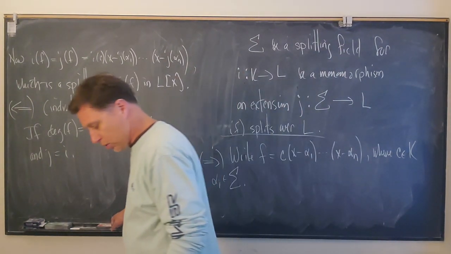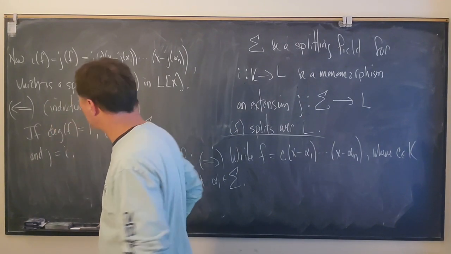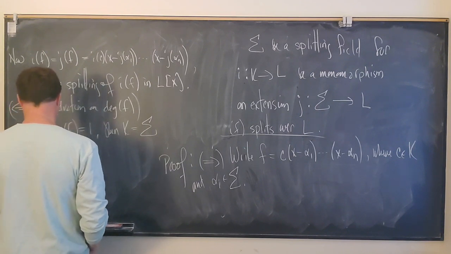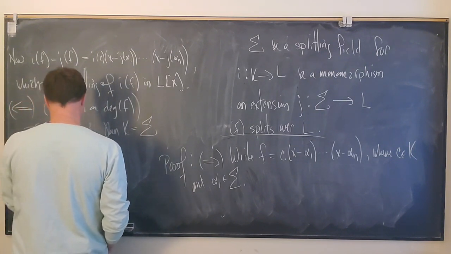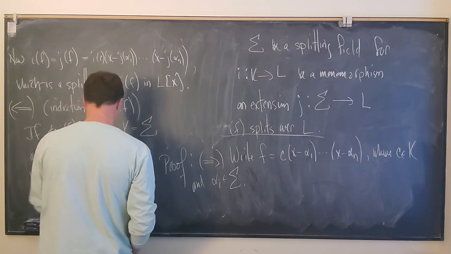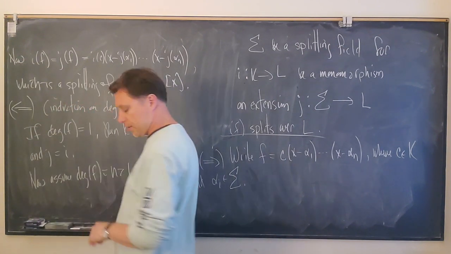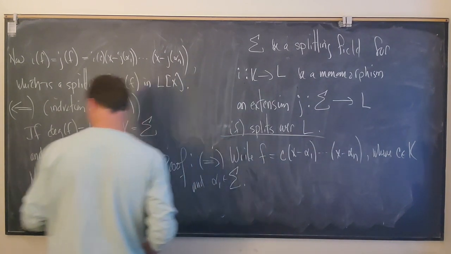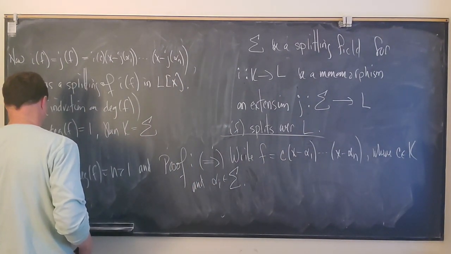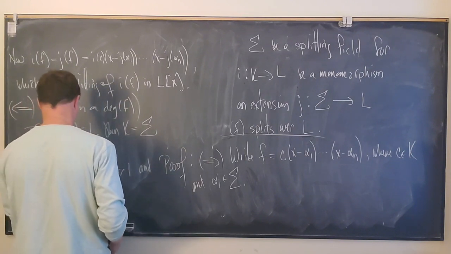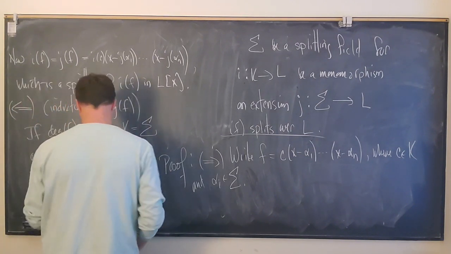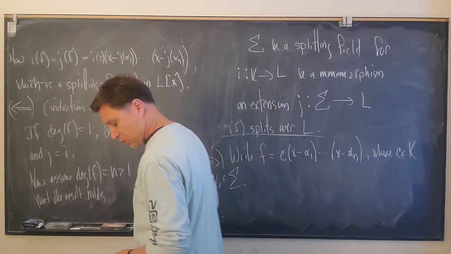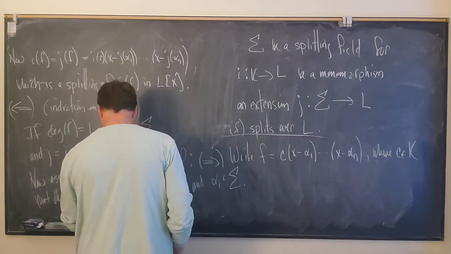Okay, so now we'll consider the situation where the degree of f is greater than 1. So now let's assume that the degree of f equals, let's say, n greater than 1, and that the result holds for any polynomial whose degree is strictly less than n.